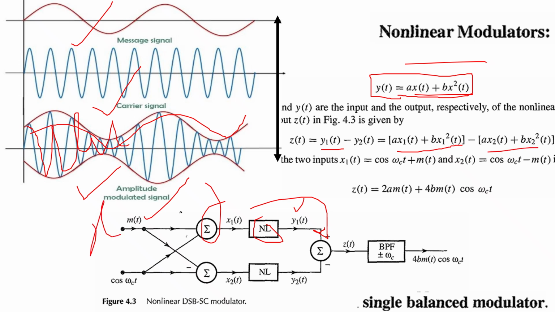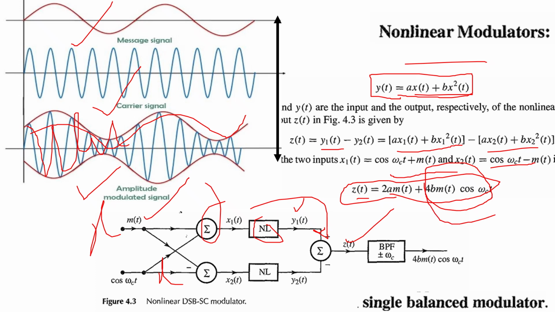So from here put x1 and x2, and you will get the value. If you put the values, you will get z(t) equal to this term, right? If you solve further, this will contain the higher frequency. So use a band pass filter to remove this, and finally you will get the amplitude modulated wave, this one, right?